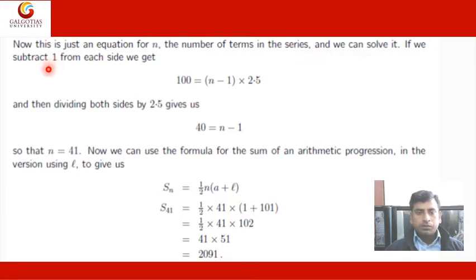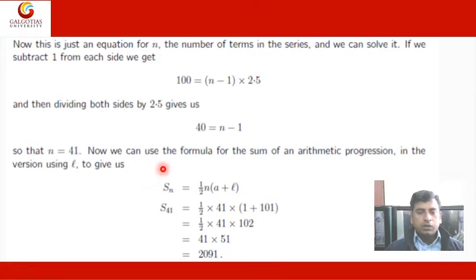If we subtract 1 from each side, we get 100 equal to (n minus 1) into 2.5. And then dividing both sides by 2.5, it will give you 40 equal to n minus 1, or you can directly solve. So n will be 41. So 101 as the last term is the 41st term.